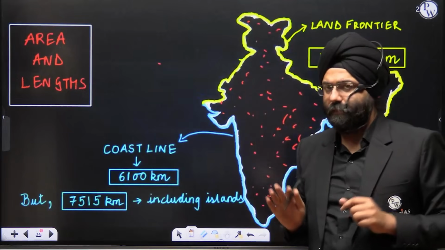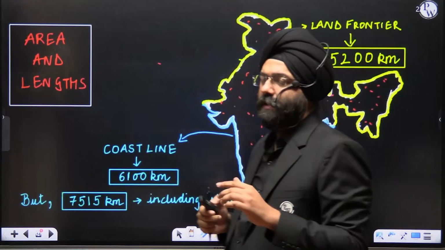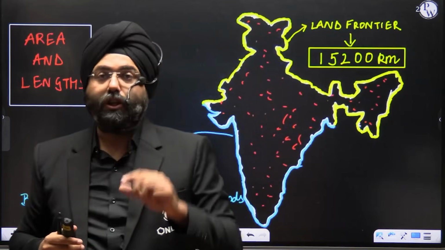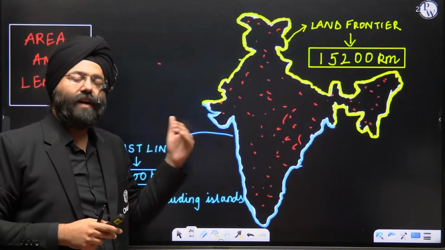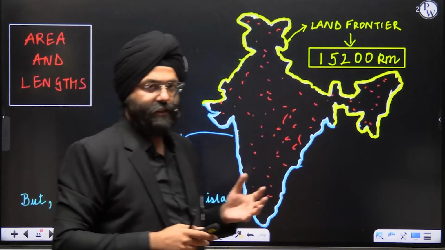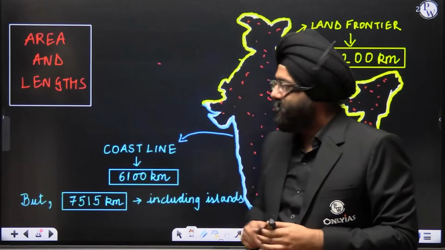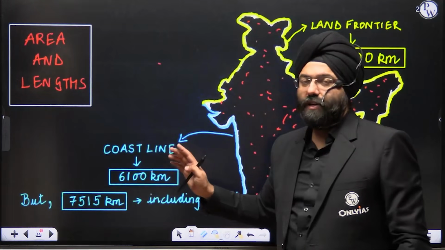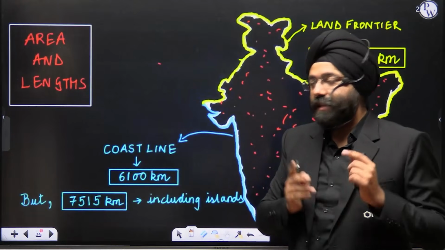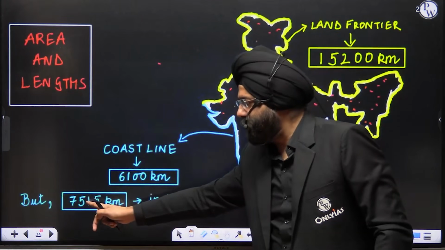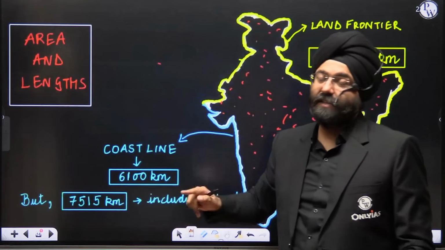It is fine. This is generally accepted fact. Now when we talk about the coastline of India, if I exclude the islands, according to the NCERT, it is 6,100 kilometers. If I include the islands, then it will become 7,515 kilometers.